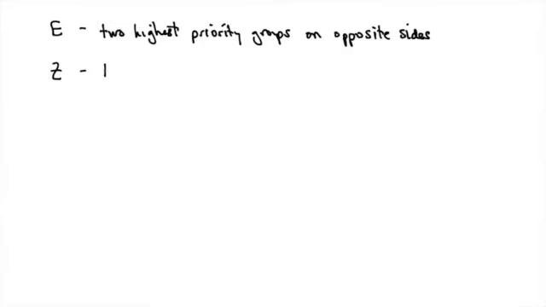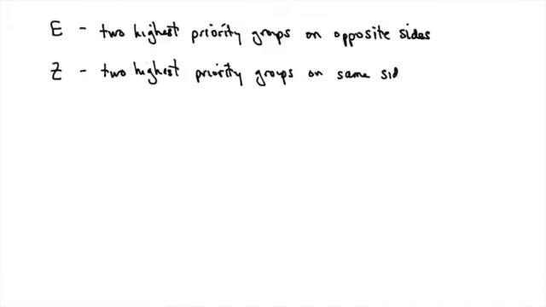This indicates that the two highest priority groups lie on the same side of the alkene. And the E and Z system of nomenclature assigns priority based upon atomic number.